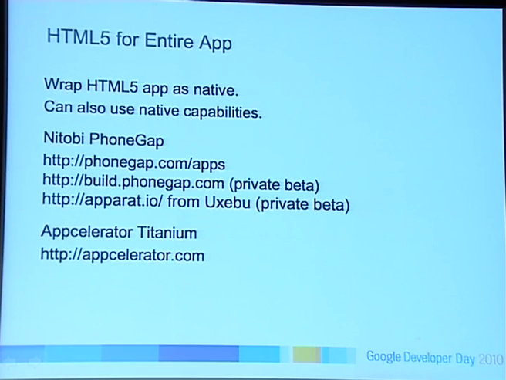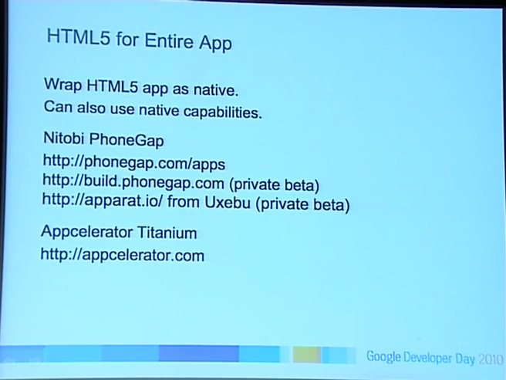I mentioned PhoneGap as one technology to facilitate this sort of thing. You can see some examples of what people are doing with PhoneGap, phonegap.com/apps. What's really exciting, in the past couple of weeks, there are a couple of new products that have been announced. Firstly, there's build.phonegap.com, and secondly, there's Apparatio.